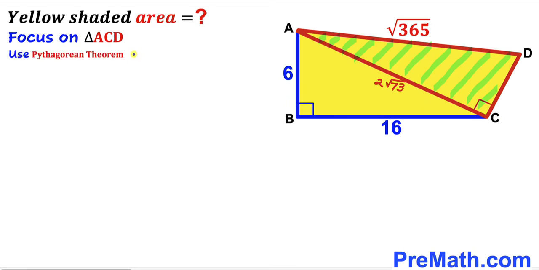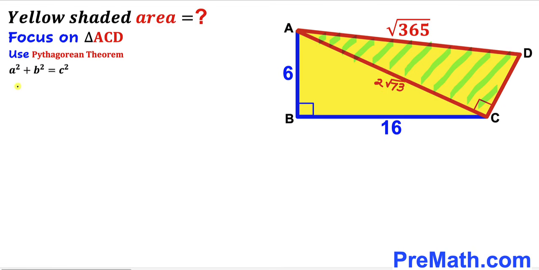Now let's focus on this other right triangle ACD, and apply the Pythagorean theorem on this triangle as well. Here's our Pythagorean theorem once again: a square plus b square equals c square. In our case, our hypotenuse is square root of 365, whereas our two legs are 2 times square root of 73 and this unknown side CD.